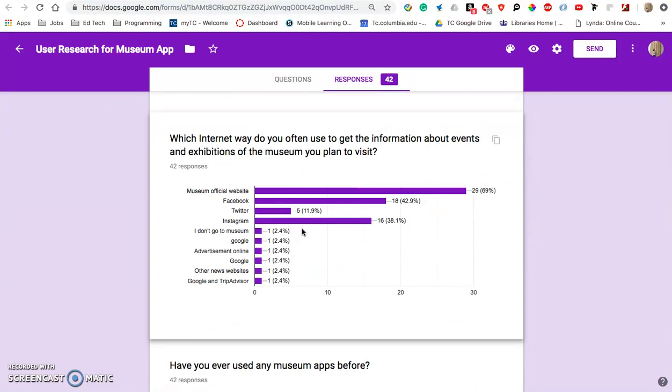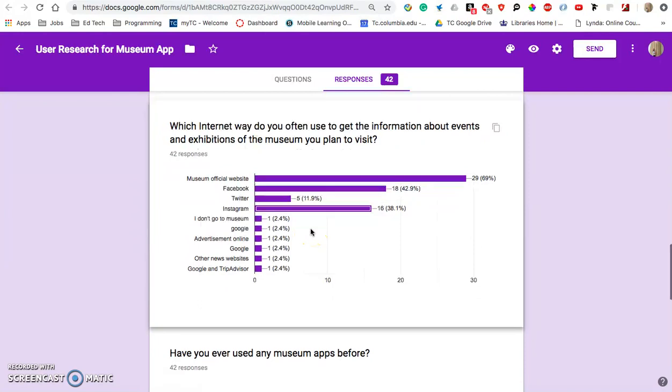In terms of using the internet, I want to know what kind of internet ways they use. Also not surprisingly, a lot of users will use museum official websites, and they will also use Facebook and Instagram to search for information, maybe about particular exhibitions.